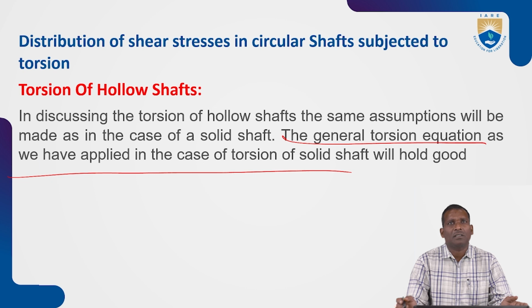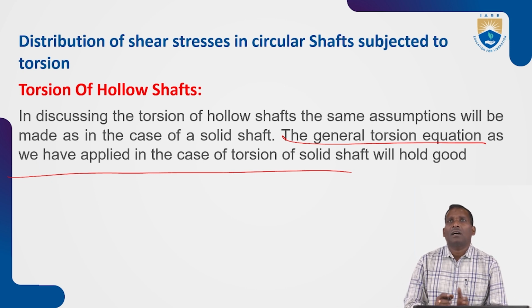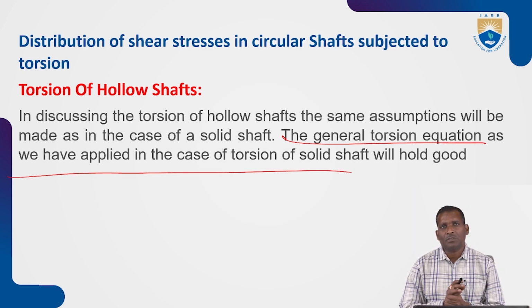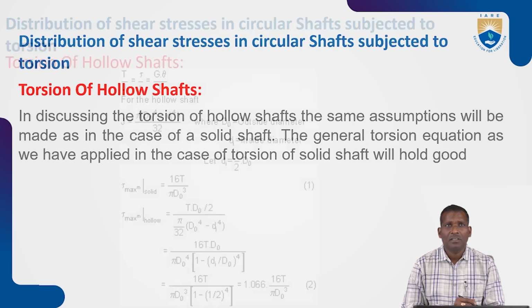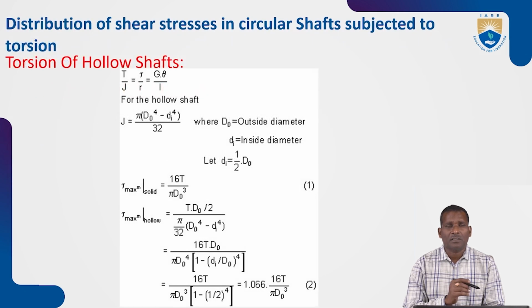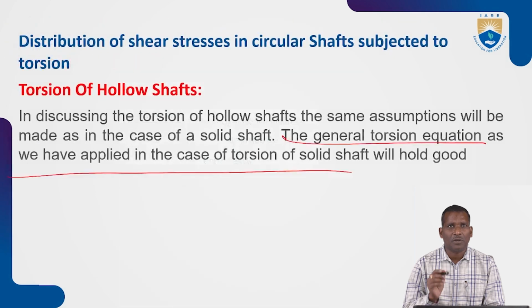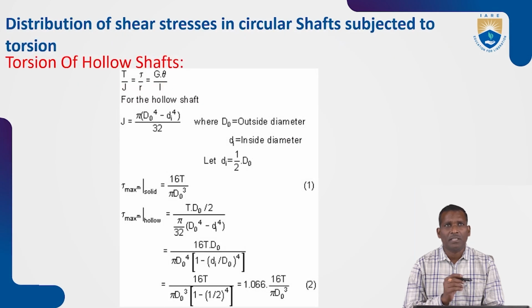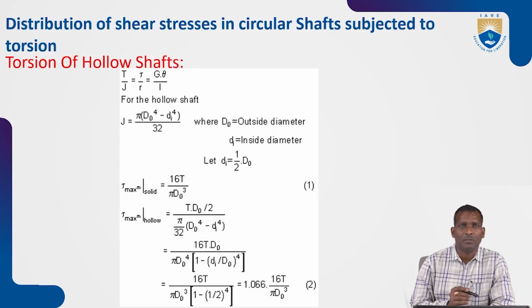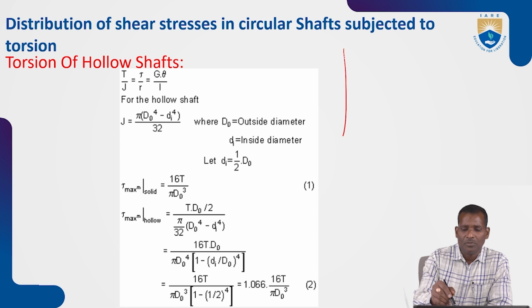All these are assumptions, and here also you apply the same assumptions. The cross section of the solid shaft is uniform. Similarly, the cross section of the hollow shaft is also uniform.